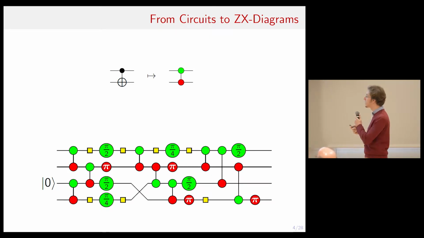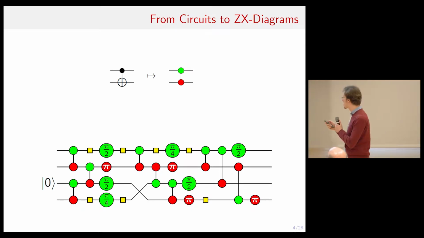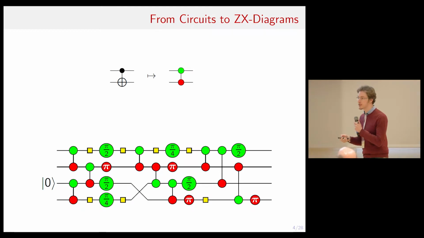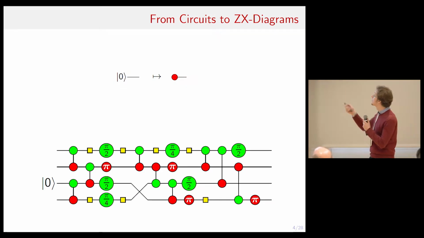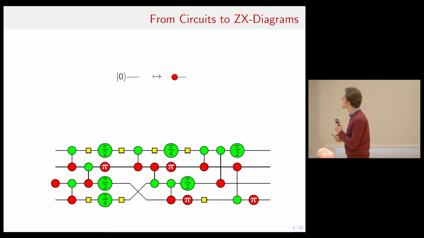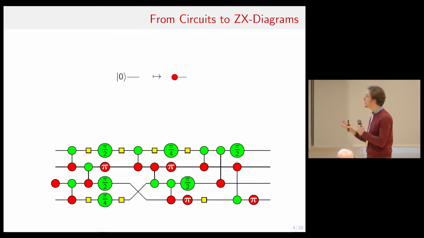So here is what you get. And finally, you can see here there is an initialization for the quantum circuit. We can also translate it in ZX calculus with a red node with 0 input and 1 output. Okay. Now what you get here is really a ZX diagram.